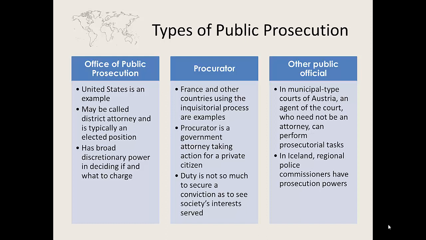The United States is a good example of this because most people taking this course are probably familiar with the United States example. The person who serves as the public prosecutor might be called the district attorney. That title will vary a bit depending upon what state you happen to be living in. It's typically an elected position, and because of that, the district attorney is said to be more easily able to respond to the desires of the community, the desires of the electorate.